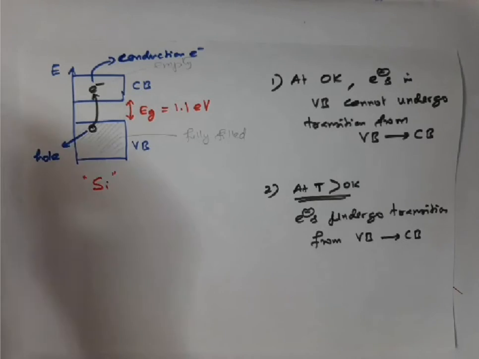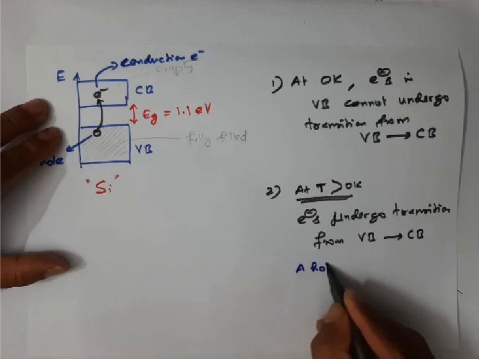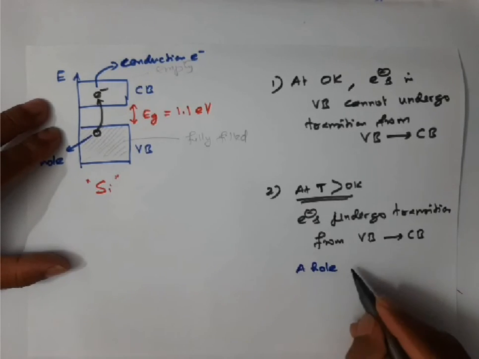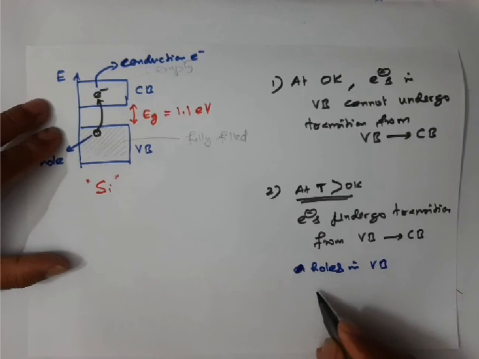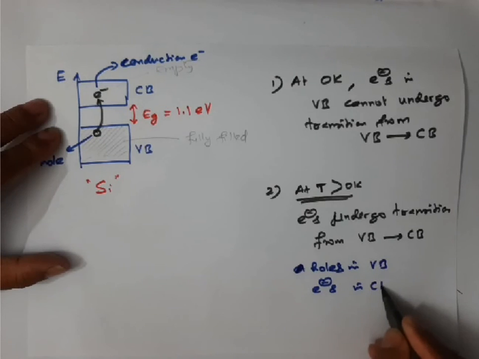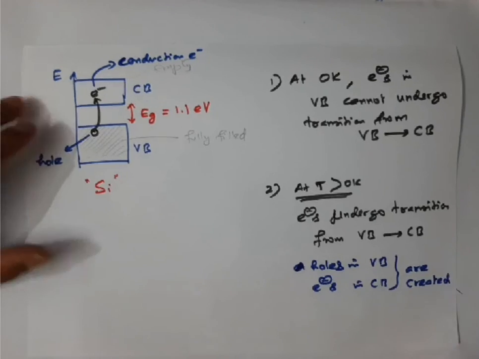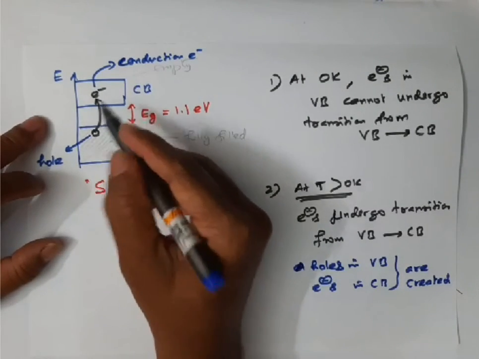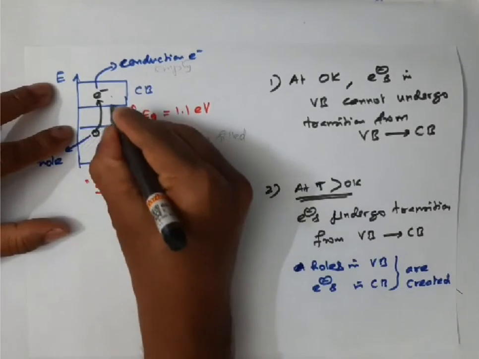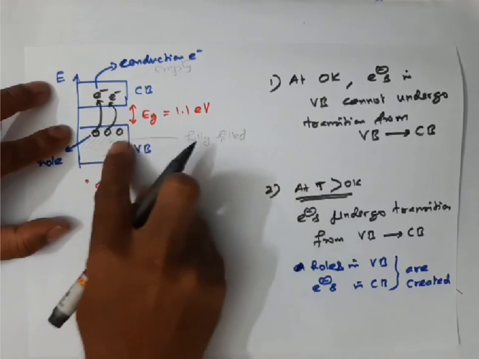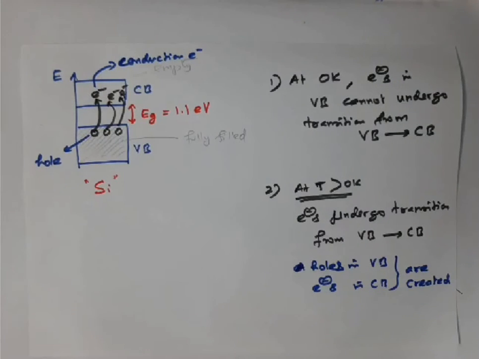Because of this, holes are created in the valence band and electrons in the conduction band. I have shown only one transition. Like this, many electrons undergo transition, so many holes are created in the valence band, and many electrons start to appear in the conduction band.